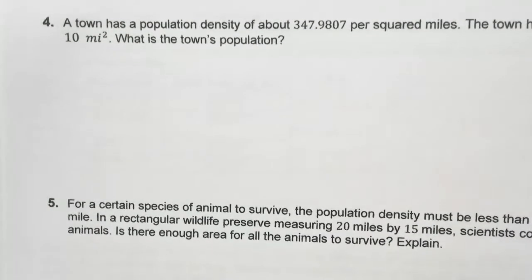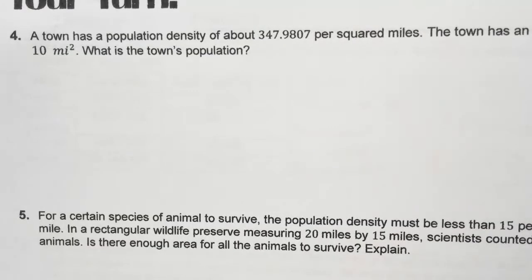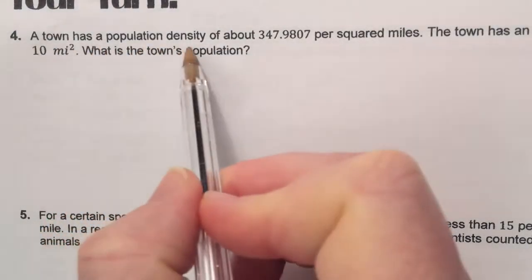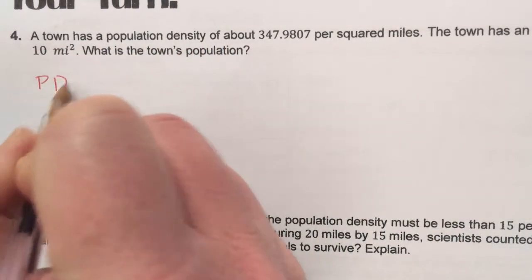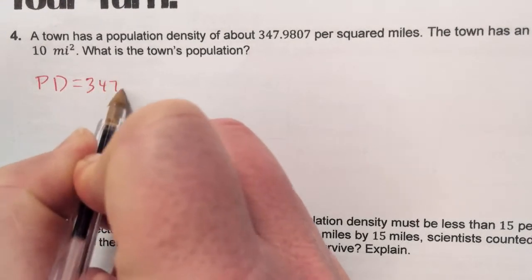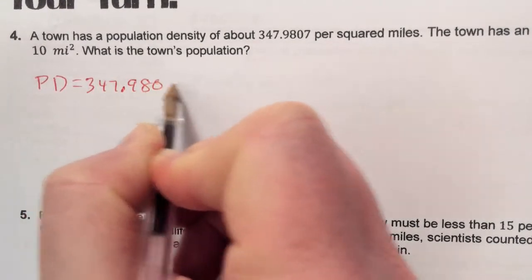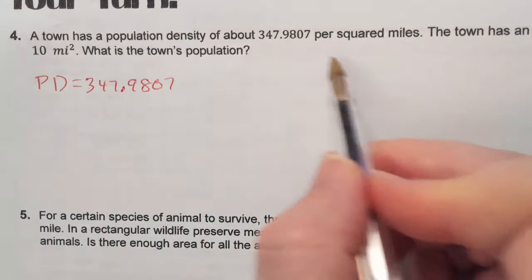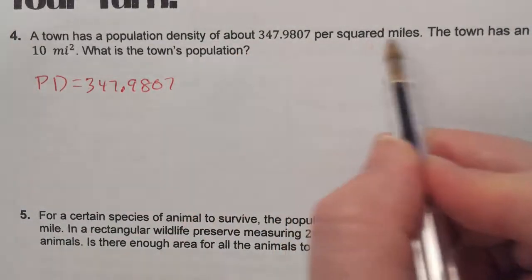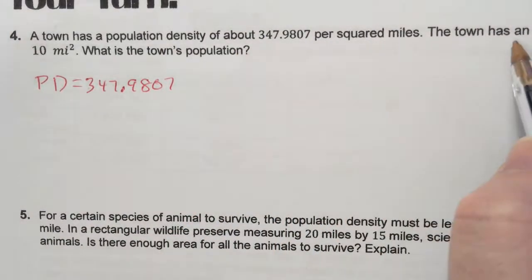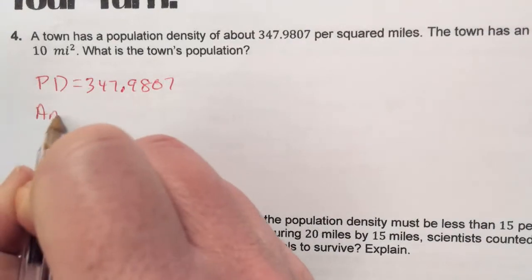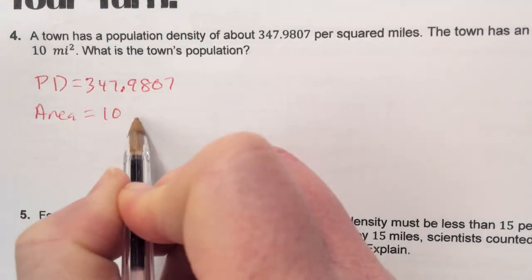All right, let's go to page 20. On page 20, a town has a population density, so PD, is equal to 347.9807 per square mile. The town has an area, so area equals 10 miles squared.